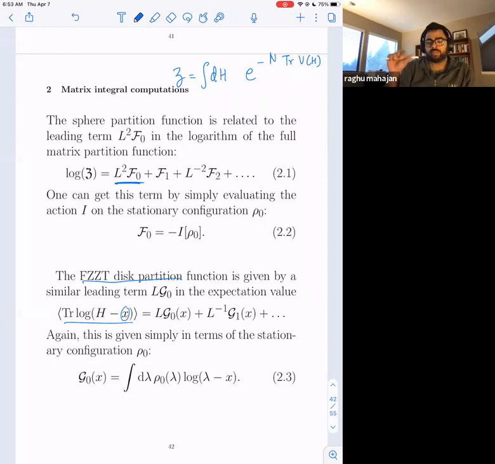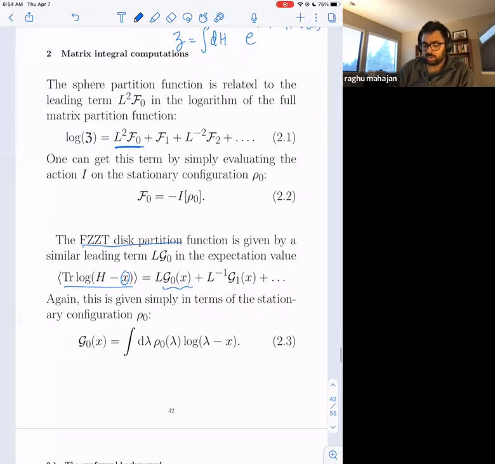So you see that the FZZT quantity has a free parameter in it, which is x, just the boundary cosmological constant. And again, it has a 1/L expansion, and the disk is the leading large L term, which, because this trace is given by the integral d lambda rho lambda, is equal to this thing.